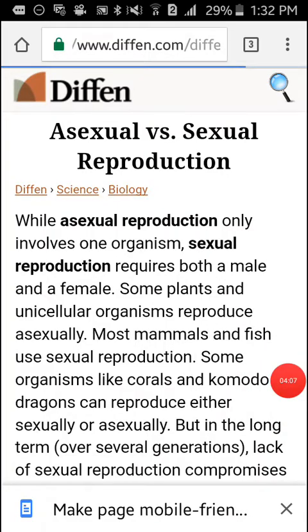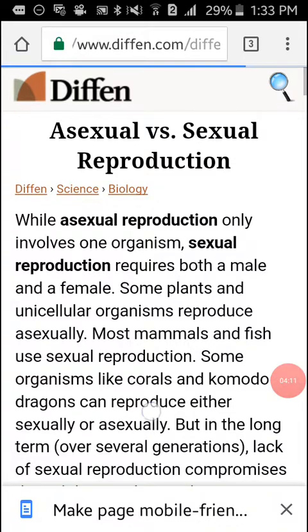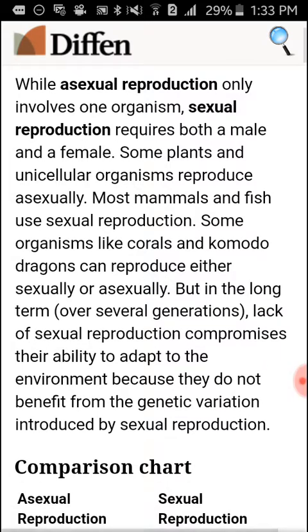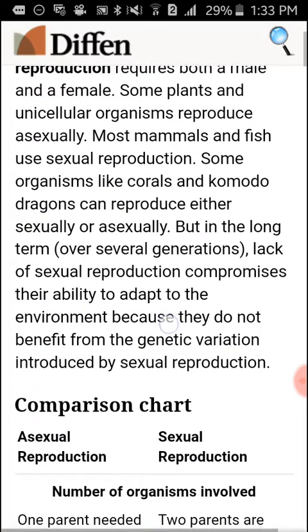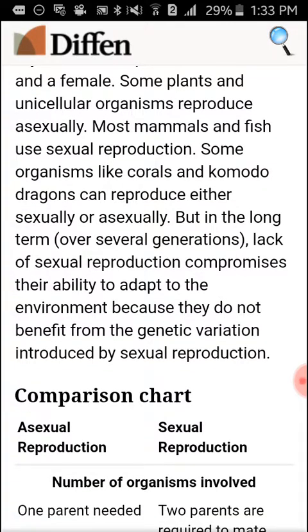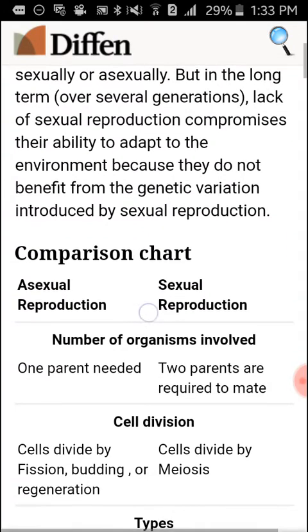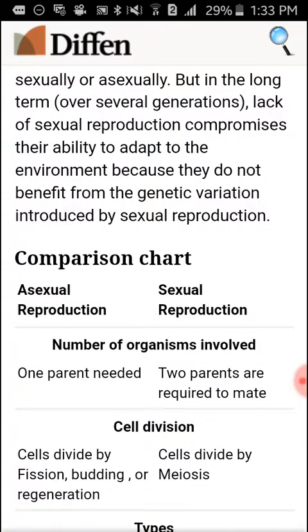So sexual reproduction requires both a male and female. So anywhere you read that the animal reproduces by sexual reproduction, then you know there's a male and female in the species. Okay. It's only the asexual ones that don't have males and females. But there are examples where the animals switch between both, right?